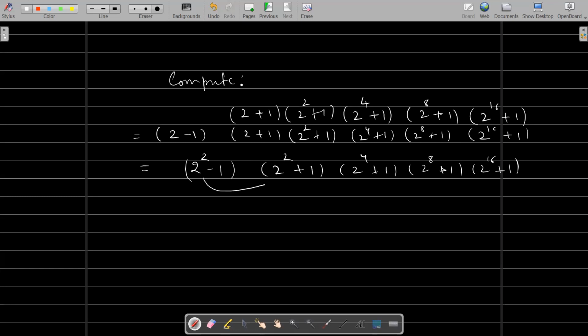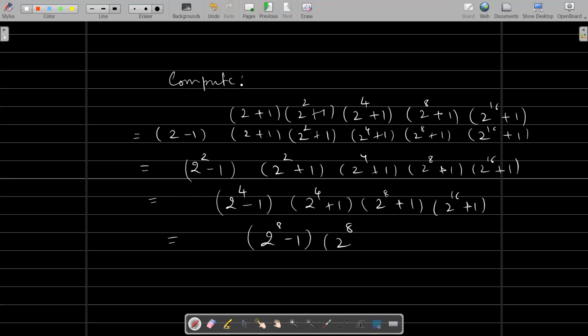Then again this into this gives me 2 raised to 4 minus 1, into 2 raised to 4 plus 1, 2 raised to 8 plus 1, 2 raised to 16 plus 1. Then again this into this gives me 2 raised to 8 minus 1, so 2 raised to 8 plus 1, 2 raised to 16 plus 1.